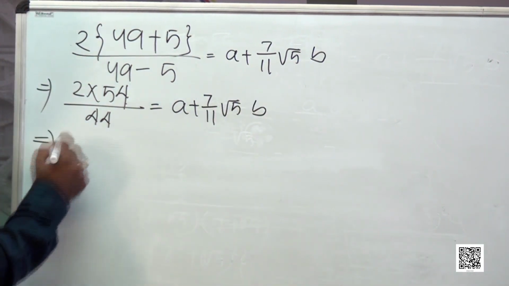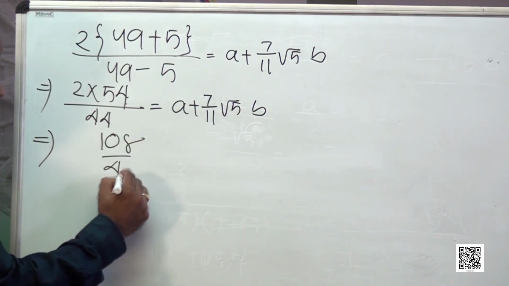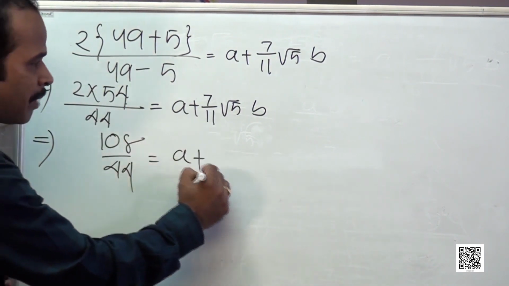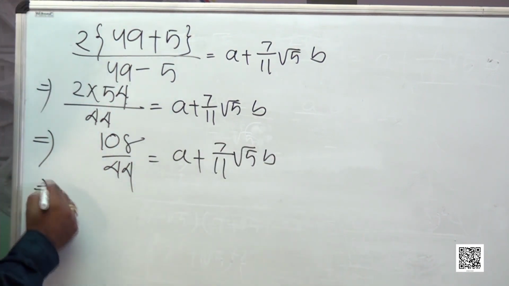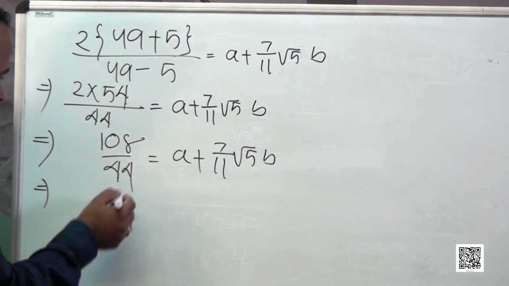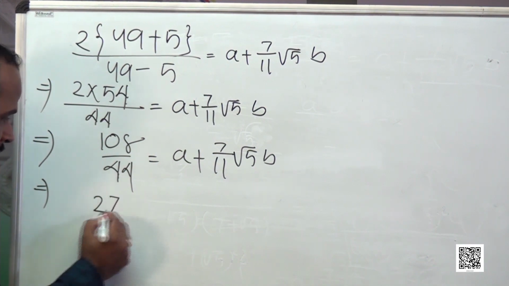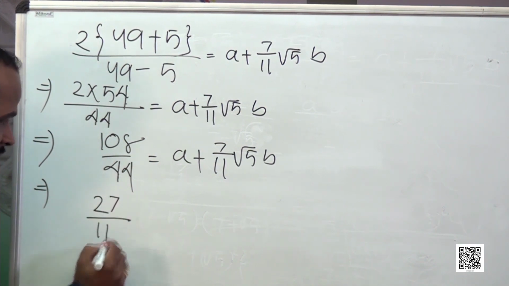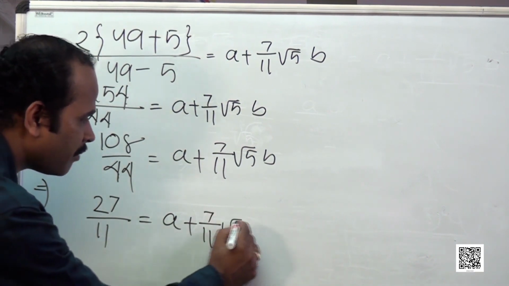Okay, so then 2 into 54 now becomes 108 by 44 is equal to a plus 7 by 11 root 5 into b. So now cancelling this part, I can cancel with 4. I will find it is 27 by 11 equal to a plus 7 by 11 root 5 into b.